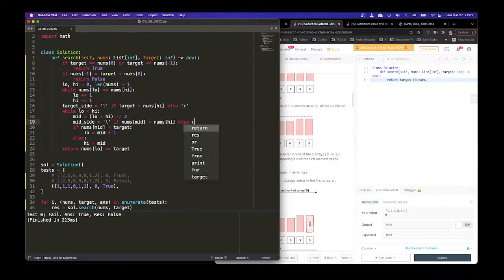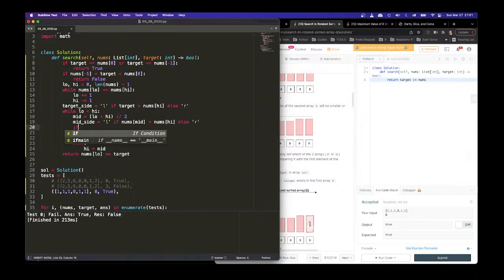Else, right? So we get the position, and then we say if target side is equal to mid side, right? If they're the same, then we do the traditional thing.